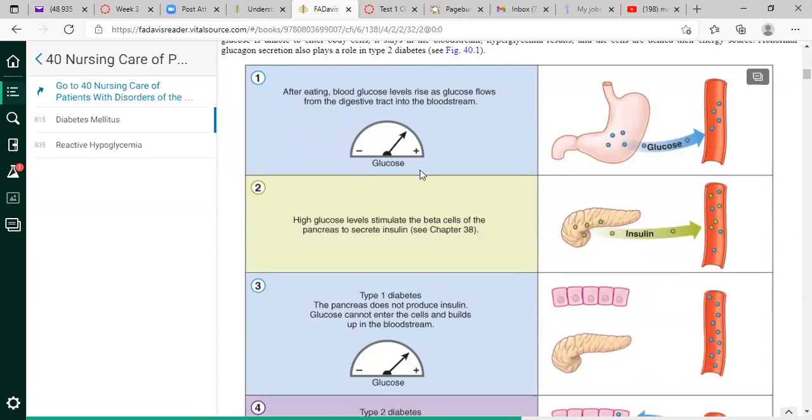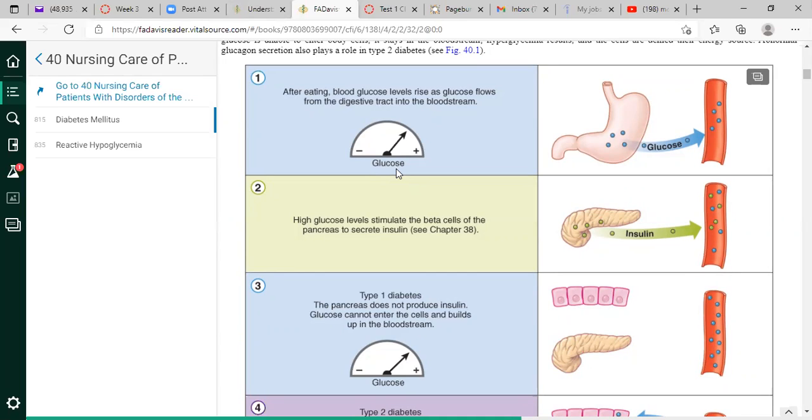This diagram is explaining what happens when we eat food or consume fluids. Typically, we eat the food, and it raises our blood sugar.